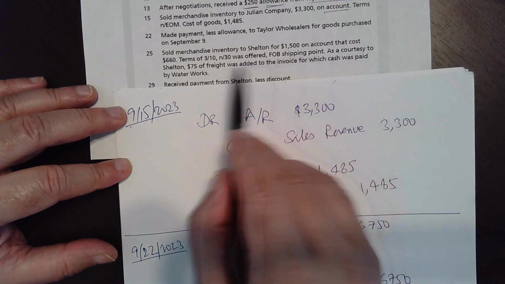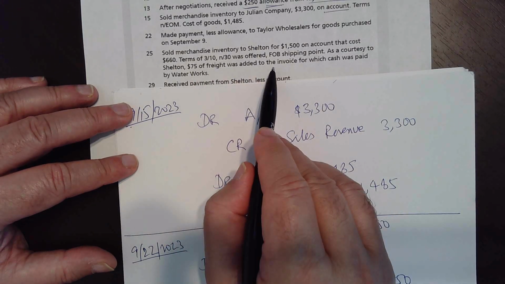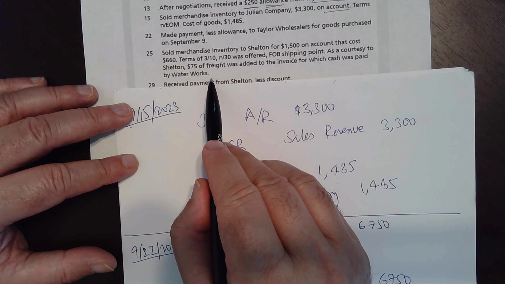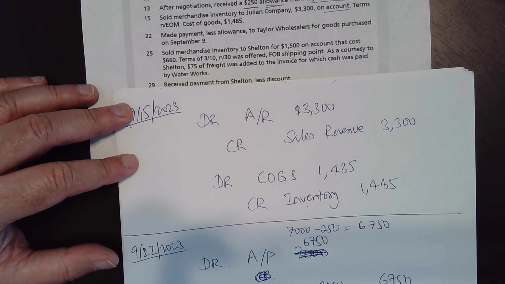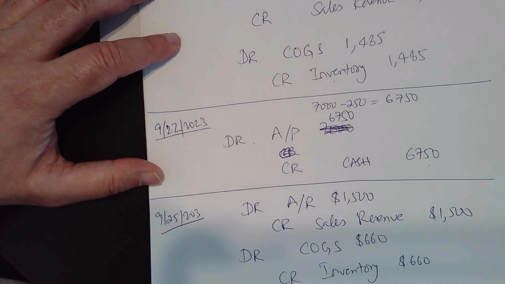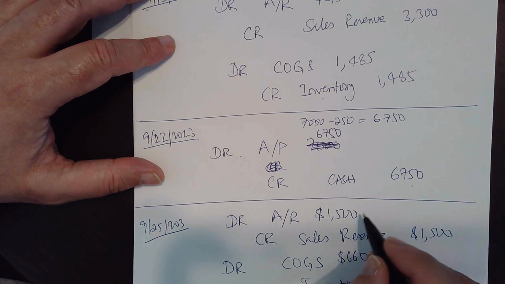As a courtesy to Shelton, $75 of freight was added to the invoice, for which cash was paid by Waterworks. Because we have already paid cash for $75, what we're going to do is add $75 to it.